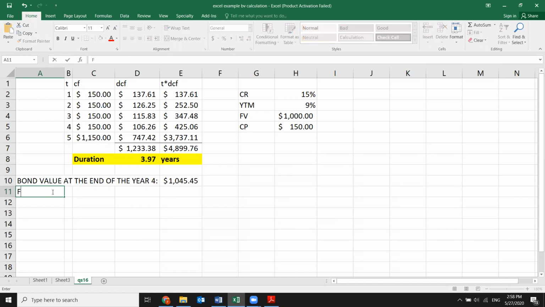So future value of interest payments, like interest on interest, because whatever you receive, 150, you're just reinvesting it at the YTM rate. The YTM rate became 0.10, which is 10%. It increases, okay? This is what it means.